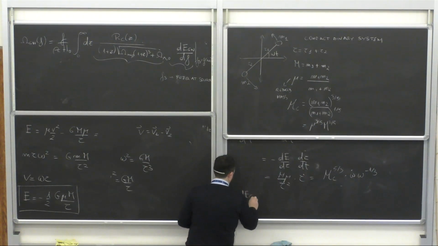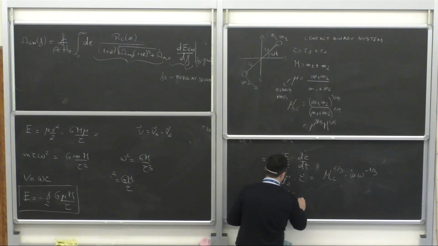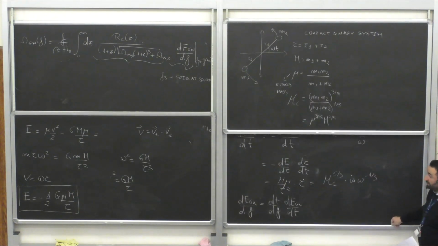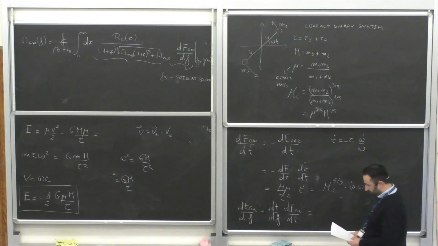So you plug in the original equation, this is dt over df times dE GW over dt. I do this simple trick.